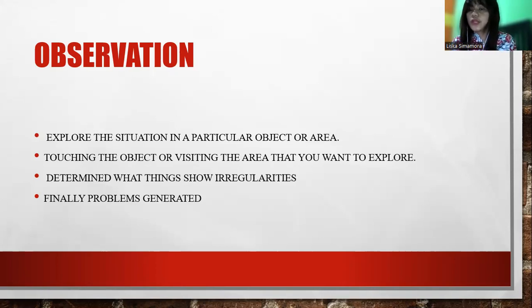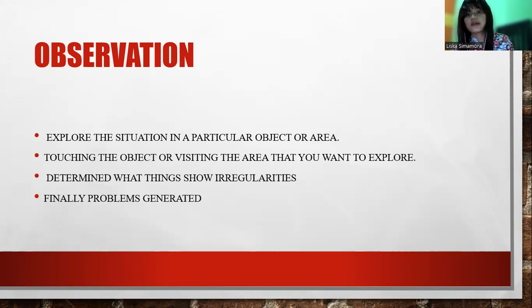So when we do observation, after we touch those things or after we visit that place, we can feel something that is not ideal. It could be, for example, in the products. It could be the packaging, or it could be the taste if it is food or beverage.